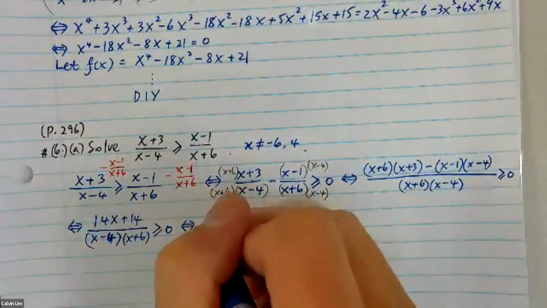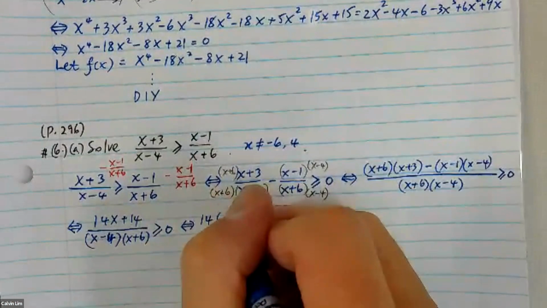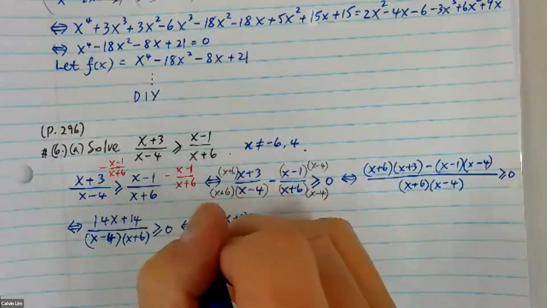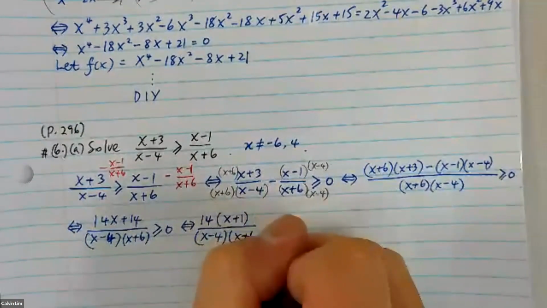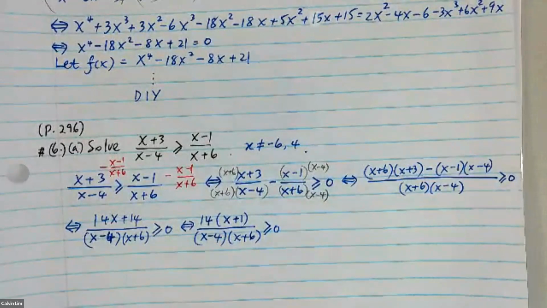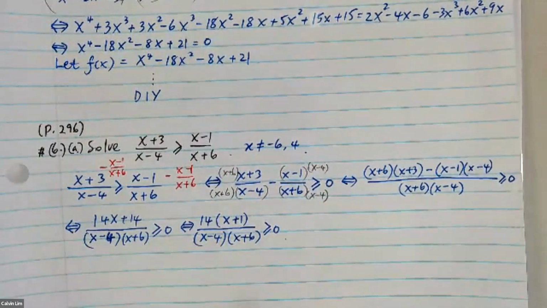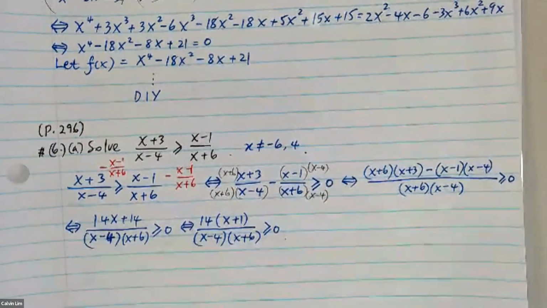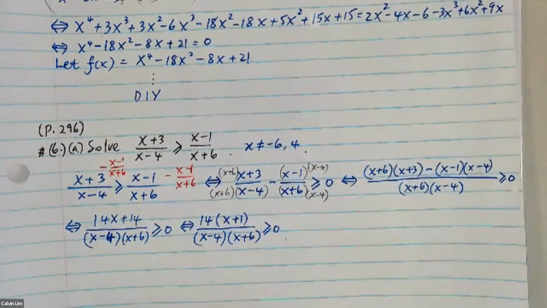And the numerator can be simplified to that. Now we are in a position to move on to the next step, which is the number line step.